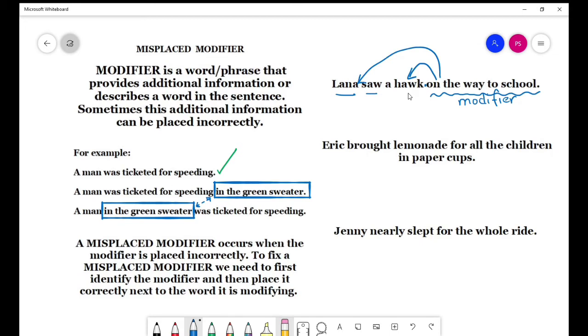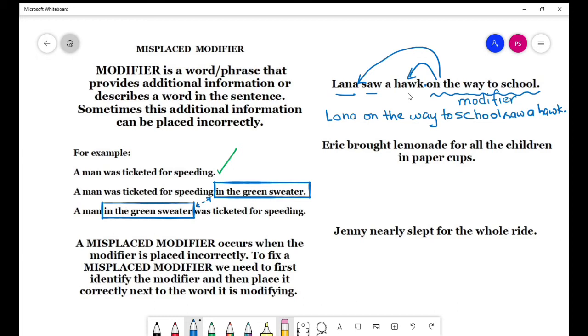So if I were to rewrite this, Lana on the way to school saw a hawk. Now I could have also said Lana on her way to school, but the sentence rewritten makes sense.